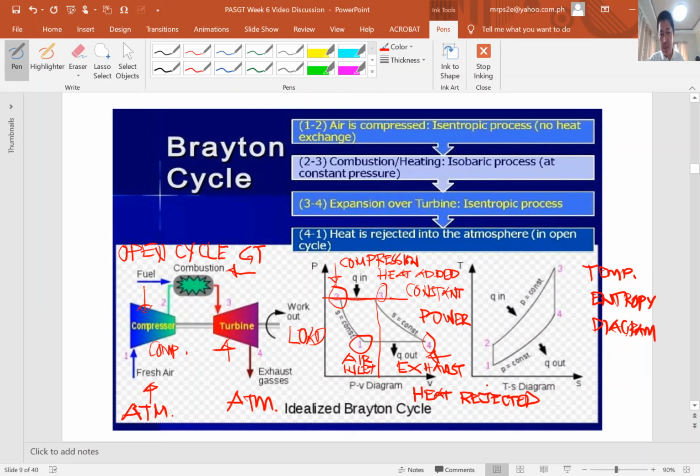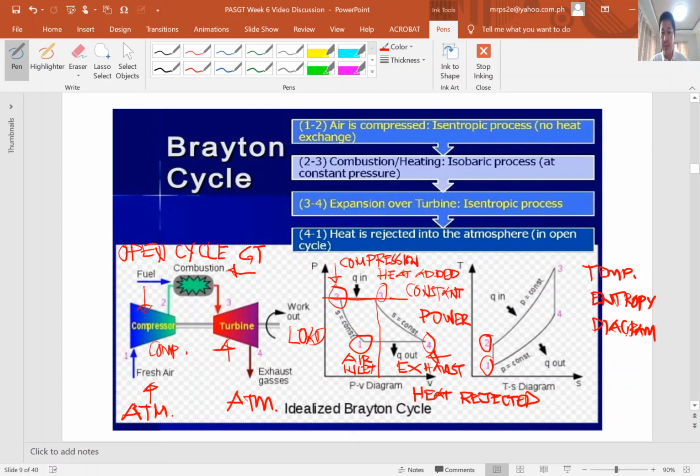First we have to discuss position 1 to 2 here, which is intake and compression, and 2 to 3, the pressure is constant, the same as in the PV diagram.